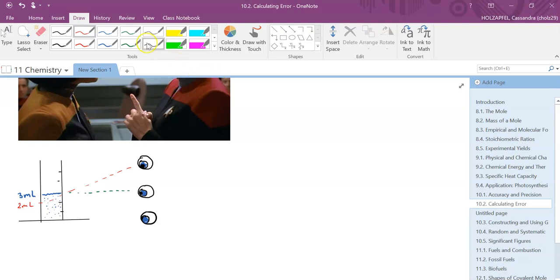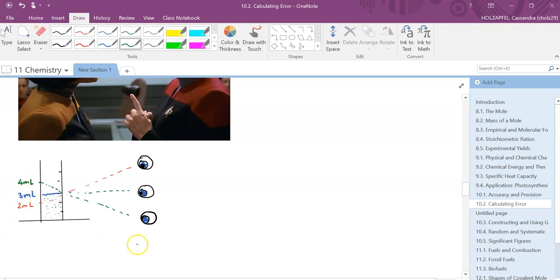Now, let's say on the other end, we have someone who is a little bit of a shorty and they have a little bit of difficulty seeing up to the bench level. Maybe they should get a taller team member to help them out. What they do is they have a look and they're trying to see this measurement here, and to them, it actually looks like it's going to be 4 mL.